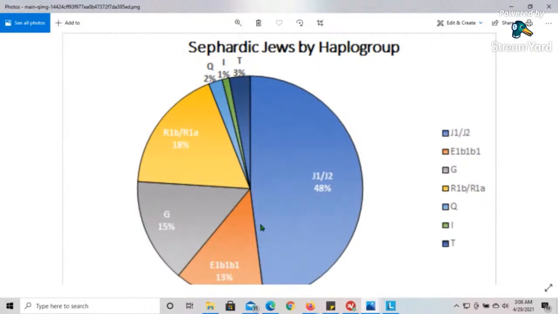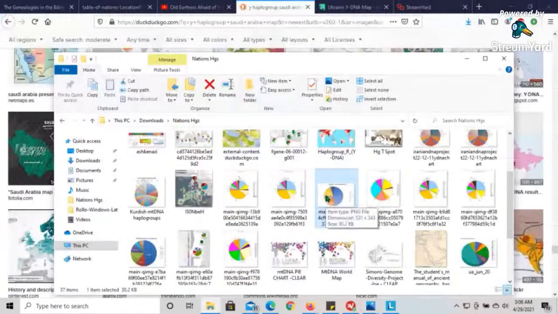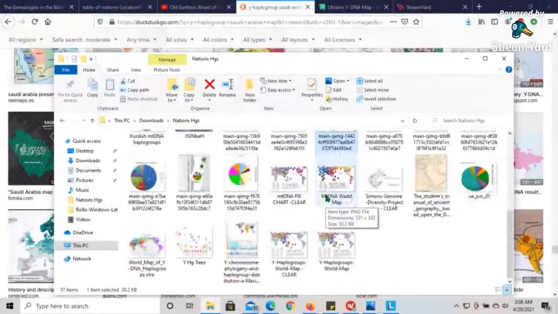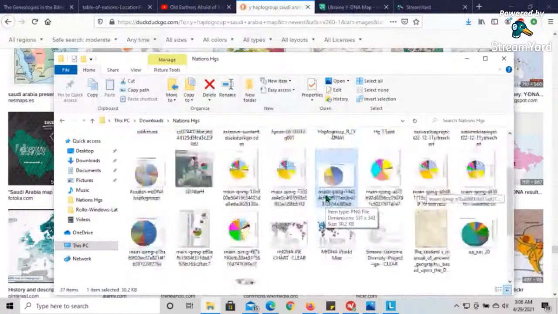Of course we have a J1, J2 population. Remember the T? There's the T Y chromosome. Remember the G? There's the G Y chromosome. Remember the E1B1? There's the E1B1 right there. Sephardic Jewish population. So I'm not making things up. And a little sliver of the I. There's the I. See, I'm really not making things up. So that's not so bad.